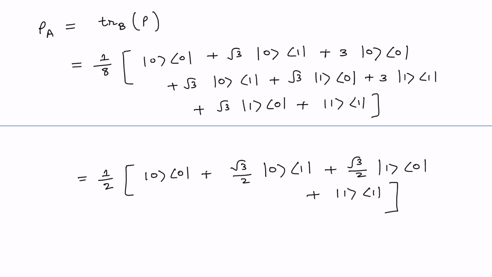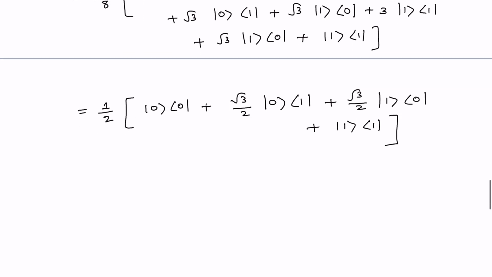Alright, so this is what you will get, and you can now easily write down the matrix form. This is the matrix representation of the reduced density matrix for subsystem A, and this is going to give you 1, root 3 by 2, root 3 by 2, 1.